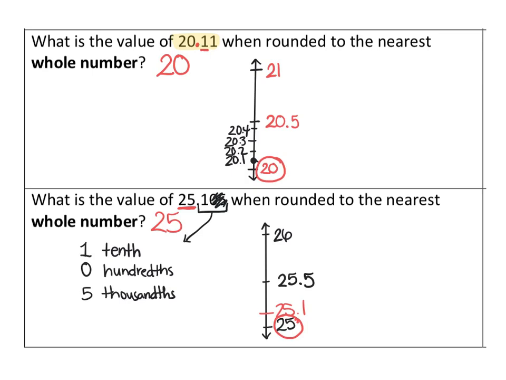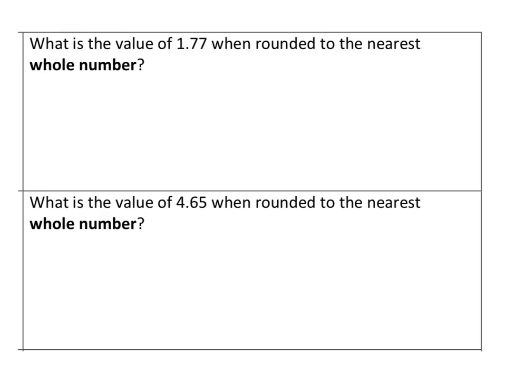Now at the top of the right column, let's do this problem. What is the value of 1 77/100ths when rounded to the nearest whole number? So it's whole number again. The first thing we do is draw our vertical number line. Pause the video, draw your number line.